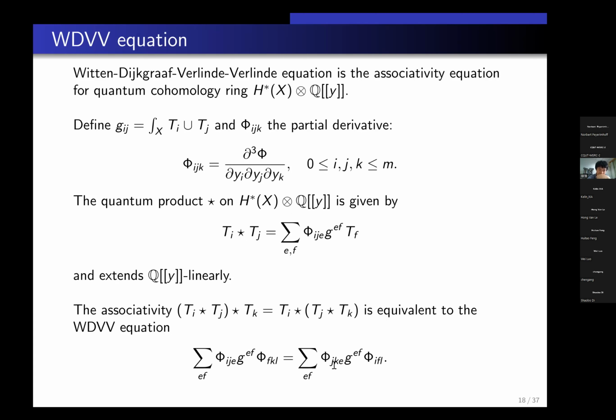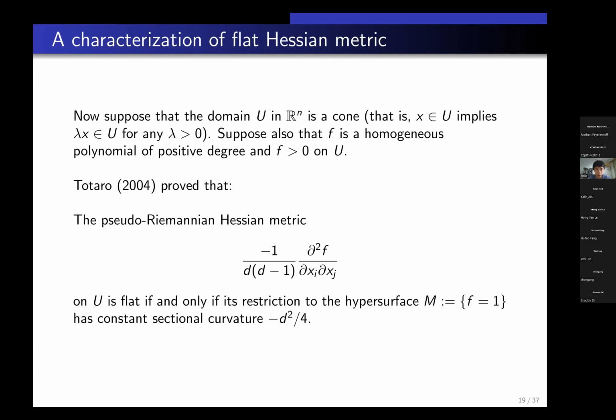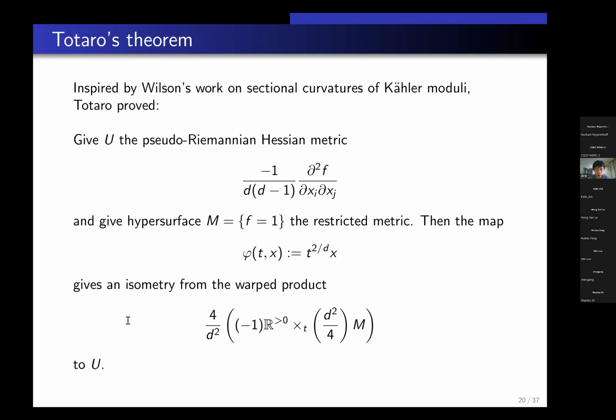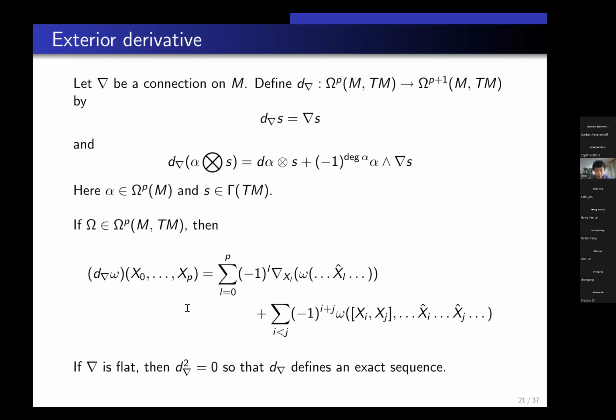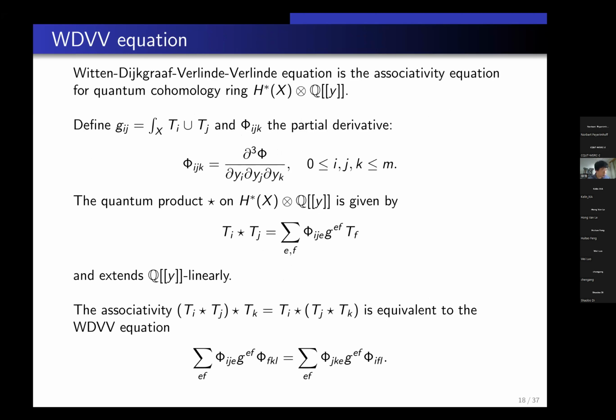This is slightly different from the Hessian case. The WDVV equation means we have associativity. We use this third derivative to define a product on the cohomology, and WDVV exactly means this product is associative, which is what I mentioned when I talked about Frobenius manifolds.